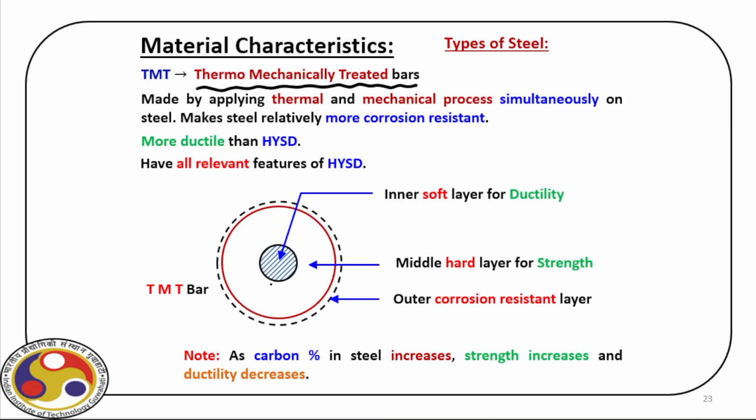These bars have different regions. The inner region is relatively softer and it provides the ductility. Then there is a middle part that provides strength, and an outer portion that acts as corrosion resistant.